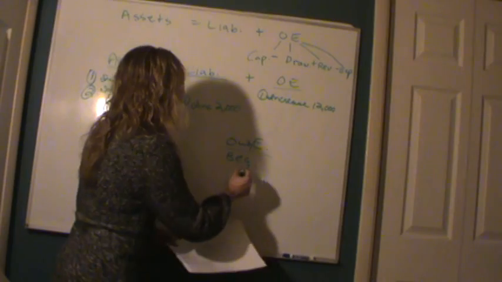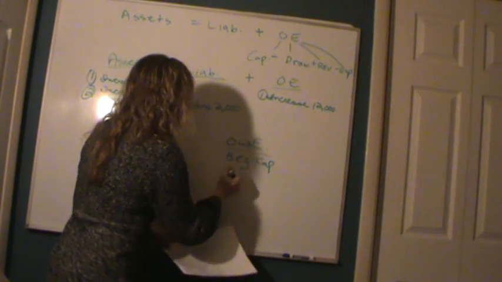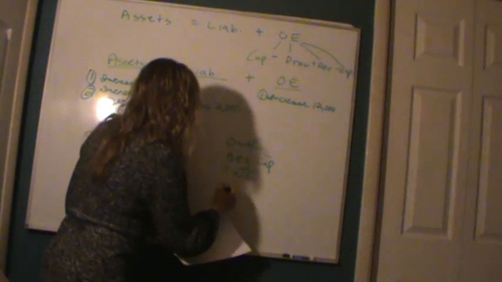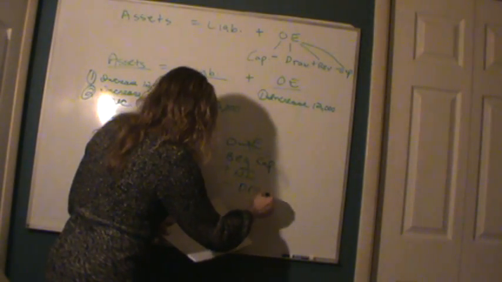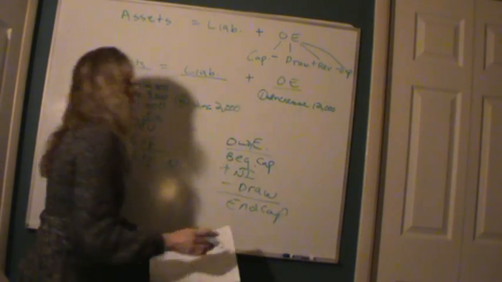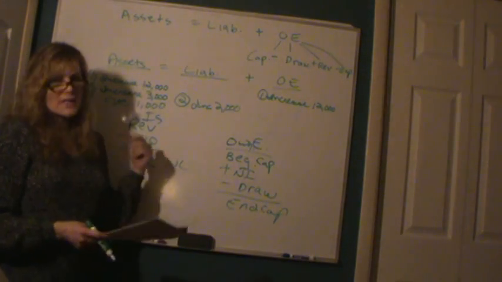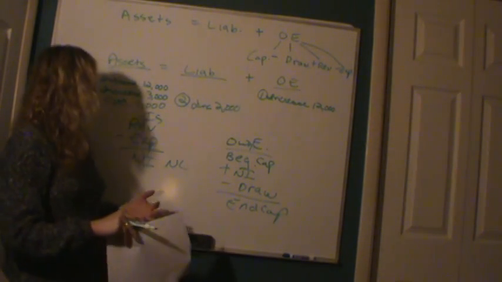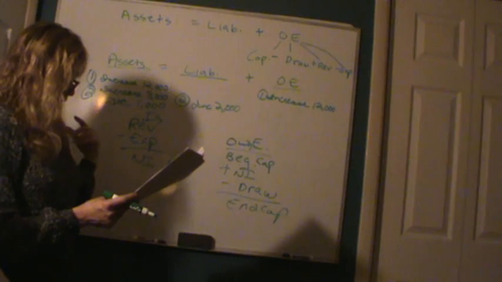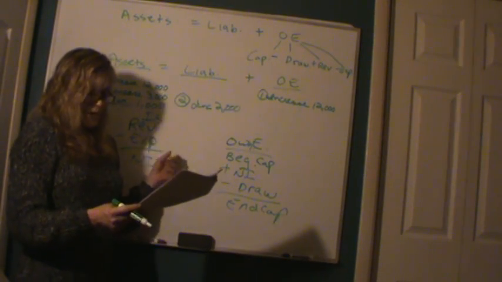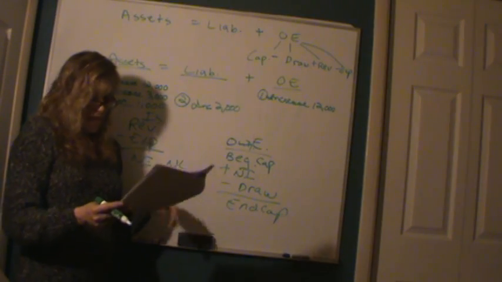You start with beginning capital, you add net income, you subtract your drawings, and that's going to give you your ending capital. Also, look at the study guide, the examples I've given you. I've given you a balance sheet example, an income statement example, and an example of owner's equity. If you follow those, that will probably help you with 8 and 10.